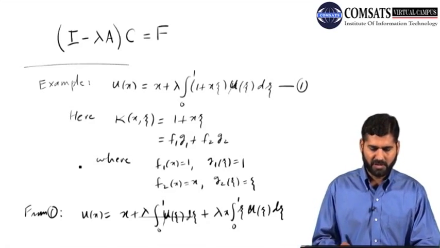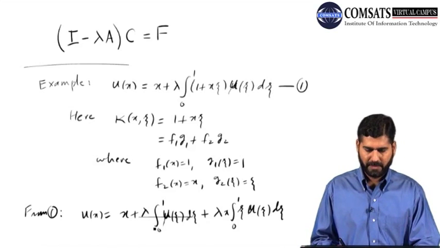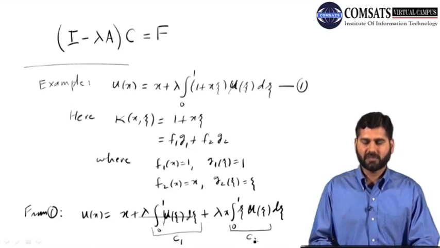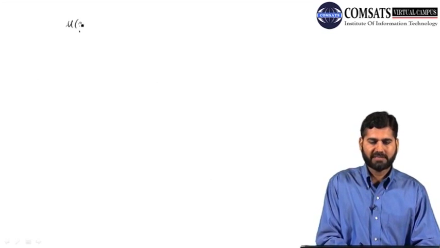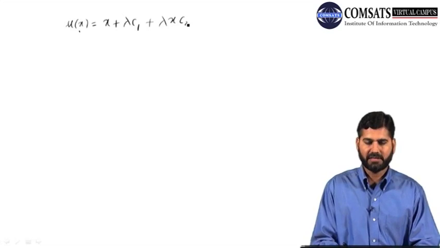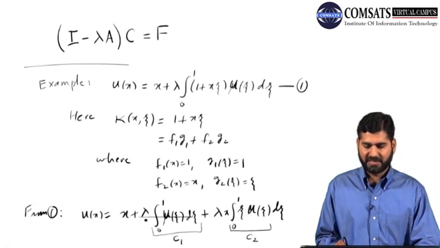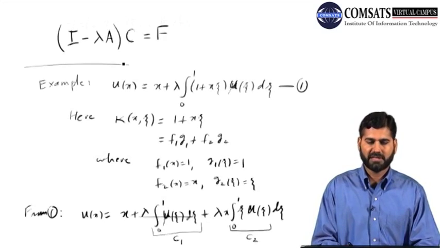First of all, we have to call this C1, and we have to call this C2. This was our notation in degenerate kernels, because this is a constant and this is another constant, so they can be called C1 and C2. So your equation becomes u(x) is equal to x plus lambda C1 plus lambda x C2. This is what you got.